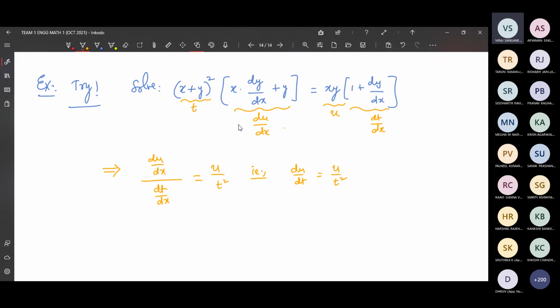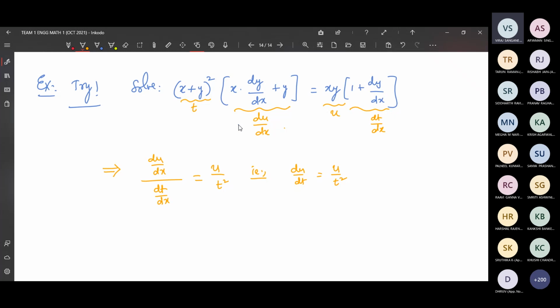That means the entire x and y is converted in terms of the new variables u and t. So from this you will get du by u equal to dt by t square. Integrate, and of course the solution is an expression containing u and t. You can back substitute u and t afterwards.